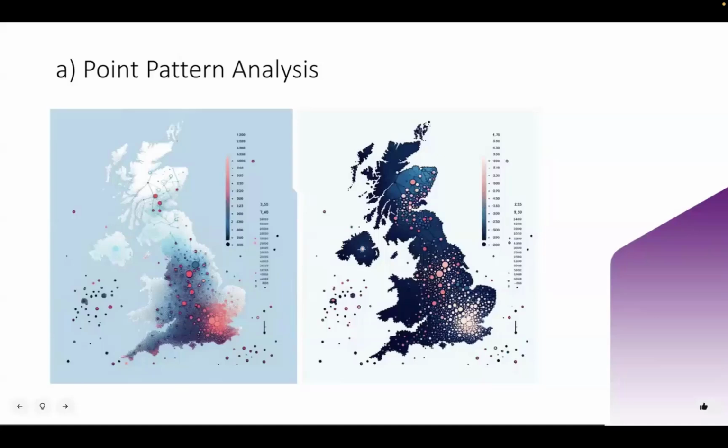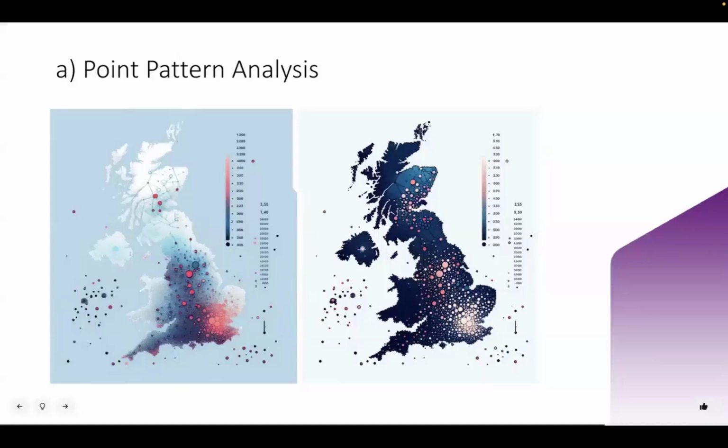And this PPA, the point pattern analysis, helps identify spatial patterns within crime data, whether crimes are clustered, dispersed, or randomly distributed. There are many methods of point pattern analysis, and this includes basically just making simple point maps.